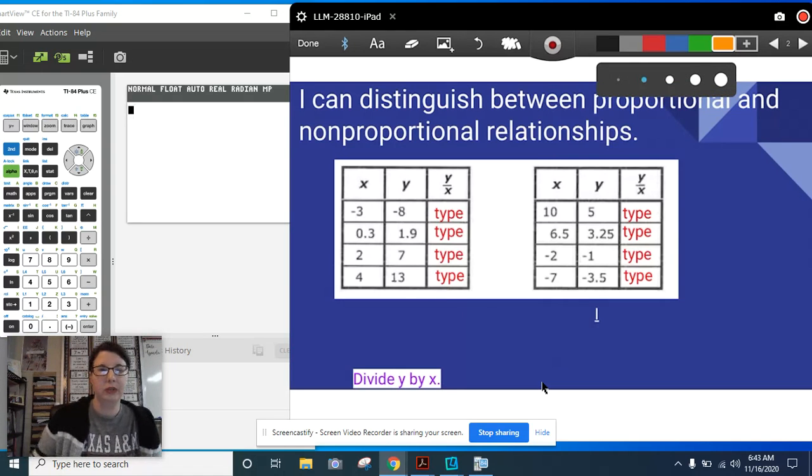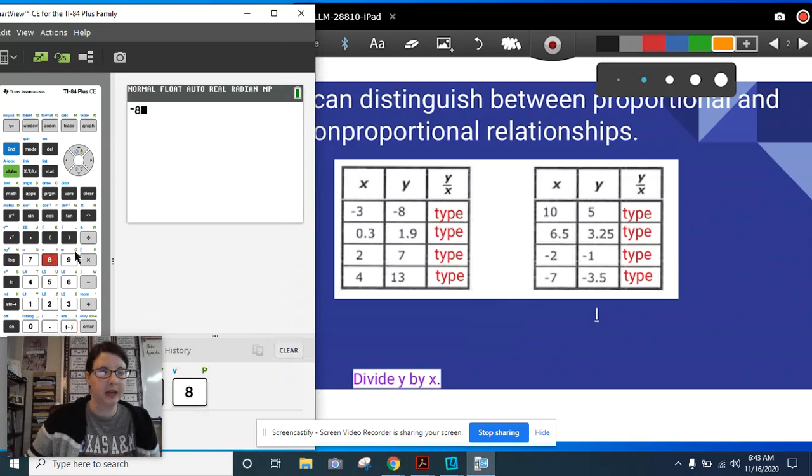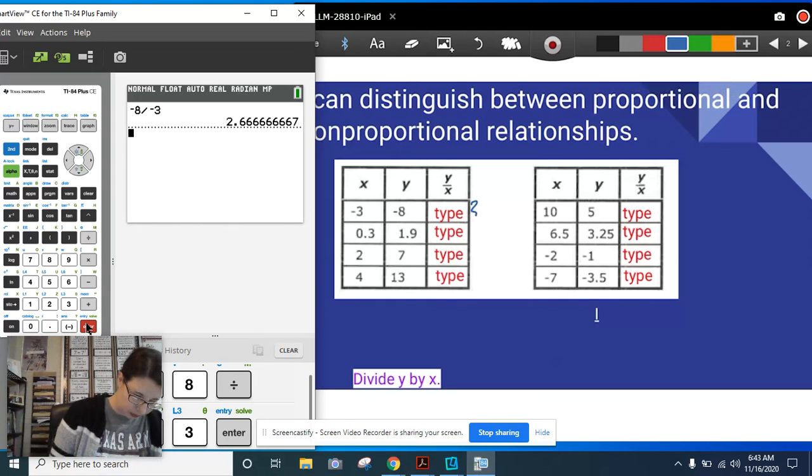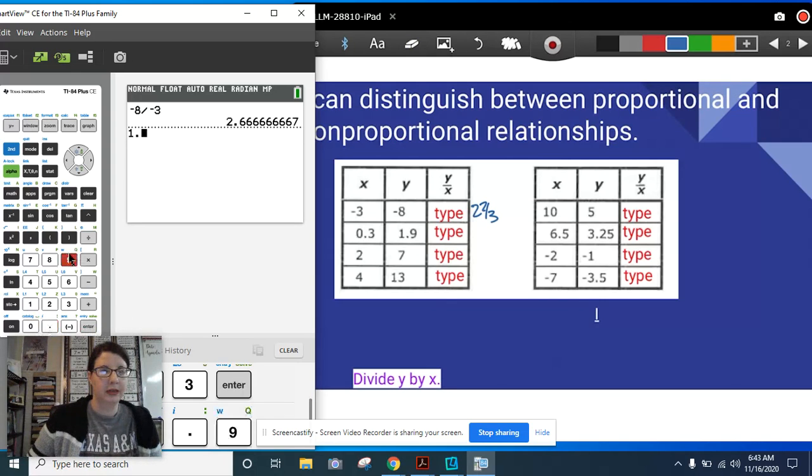So right now we're going to divide our y by our x. If I have negative 8 divided by negative 3, I get 2 2/3. I'm going to write that here, 2 2/3. And then I'm going to take 1.9 and divide it by 0.3.